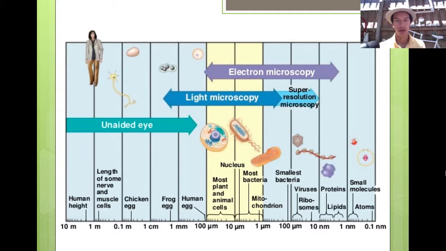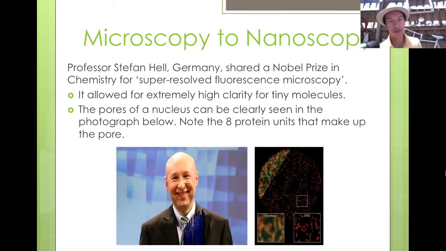Okay, now just a bit of a side story. There was a professor named Stephen Hell from Germany who actually shared a Nobel Prize in chemistry because he was able to discover a particular type of microscope called super resolved fluorescence microscopy. Okay, it allowed really high clarity for tiny molecules, and you can actually see right down to the organelle level, seeing the pores of the nucleus right in this particular image.